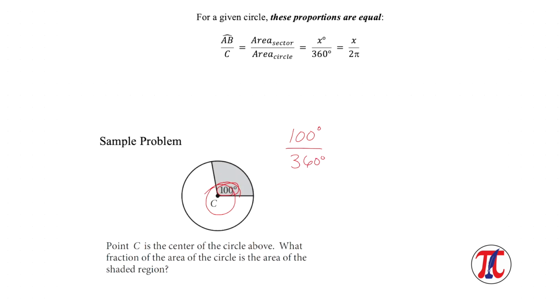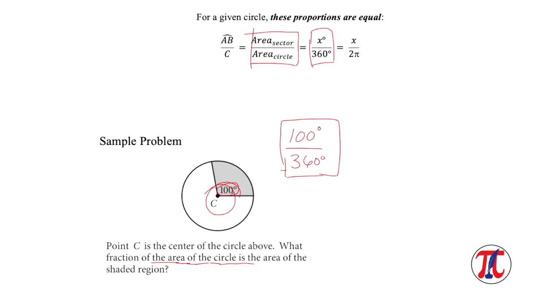They're looking for what fraction of the area of the circle, but they give us degrees, and the central angle is the same proportion in relation to 360. We don't even have to find the area of the circle or the area of the sector. We can't anyway because we don't have the radius.